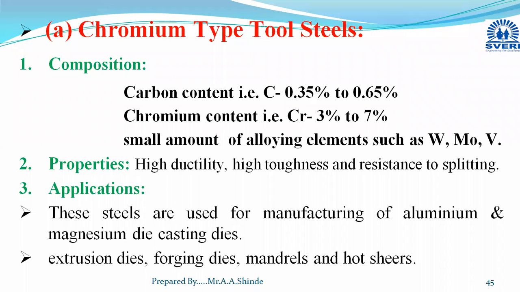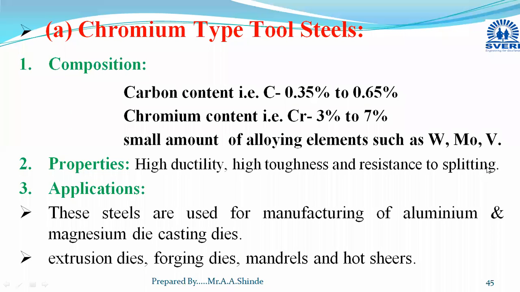Whenever resistance to this splitting or tear is high, removal of material does not occur from that metal or alloy, and that property is present in this chromium type tool steel, and it is termed as resistance to splitting or resistance to tearing.